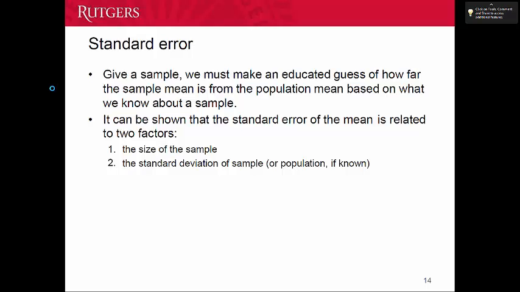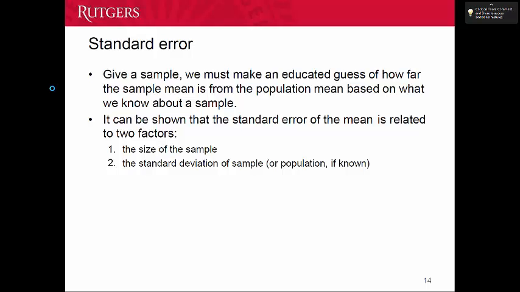The larger the size of the sample is, the more information about the population we know, the more precise our estimation of the population mean would be. So the larger the size, the more confident we are that the sample mean can represent the population mean. The smaller will be the standard error.